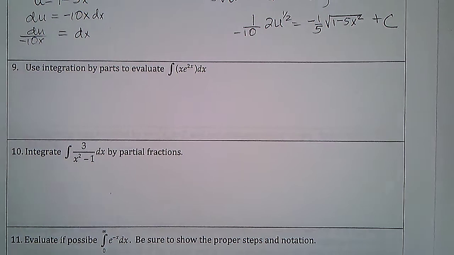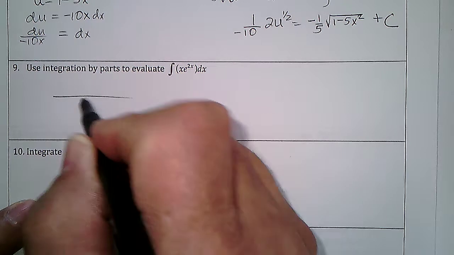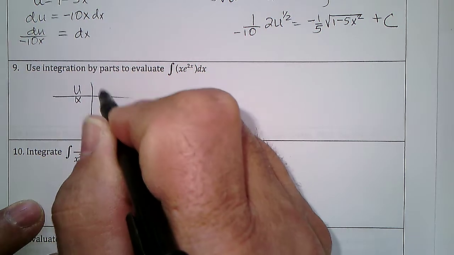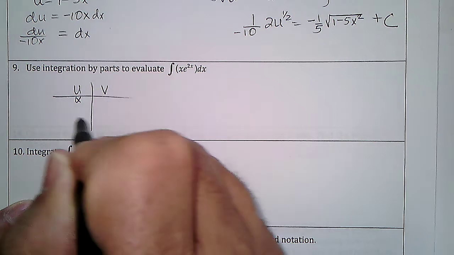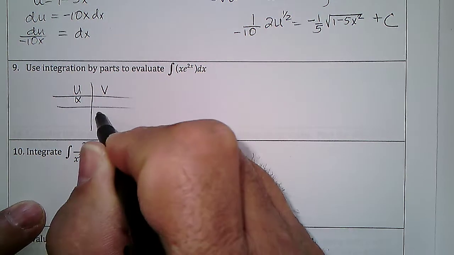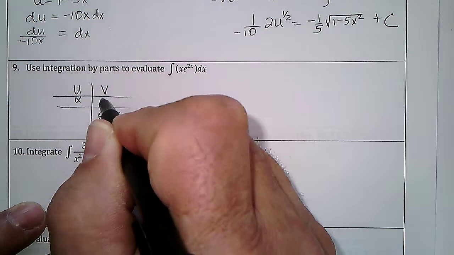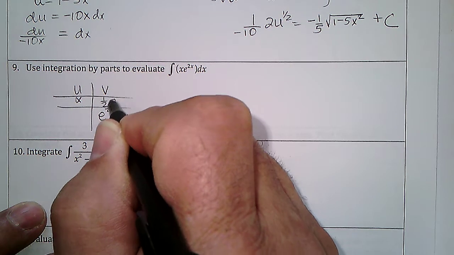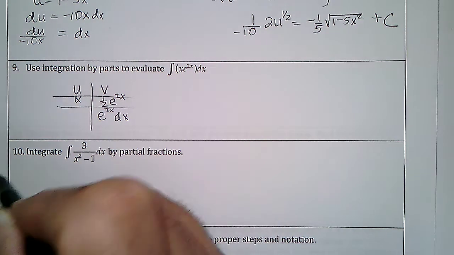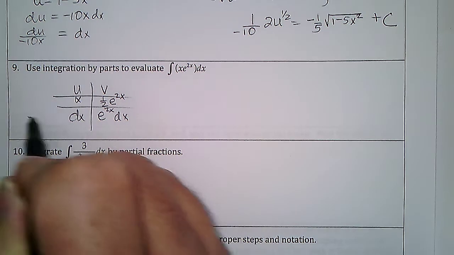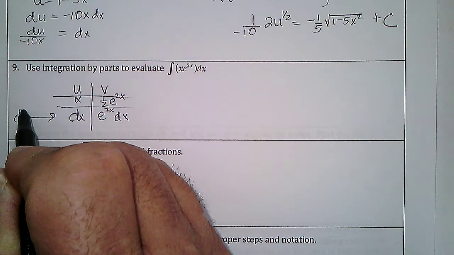Integration by parts. So if I let u be the x and dv be the e to the 2x dx, v would be 1/2 e to the 2x. And du would be just dx. This is the derivative row.